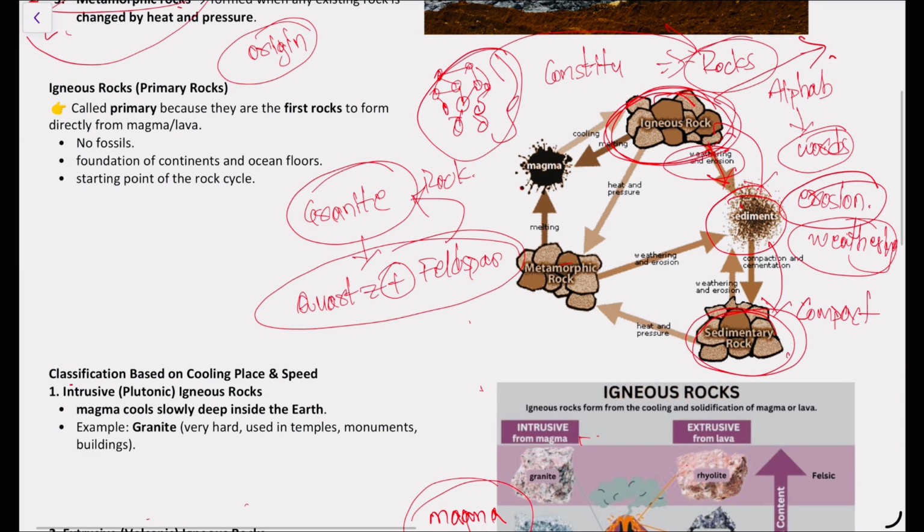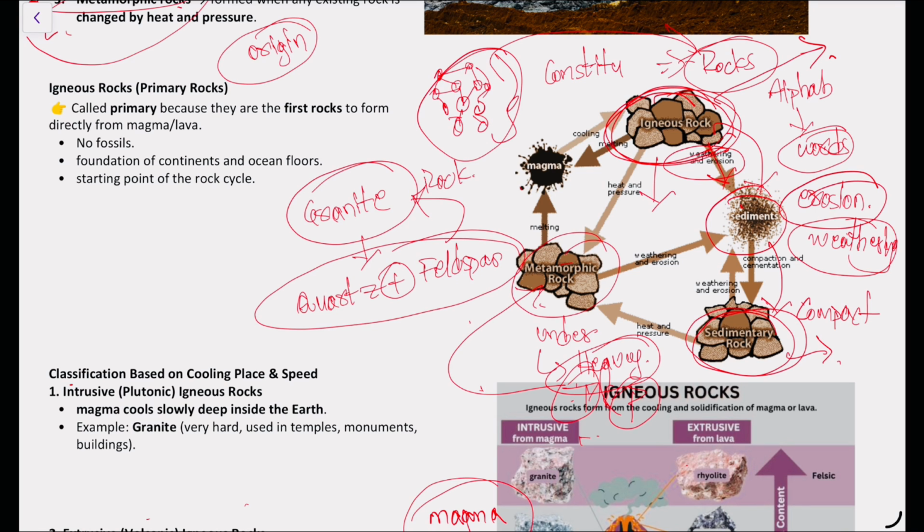When the sedimentary rocks and the igneous rocks undergo heavy temperature and pressure, they will form the metamorphic rocks. So we have understood three kinds of rocks: igneous rocks, sedimentary rocks and metamorphic rocks.